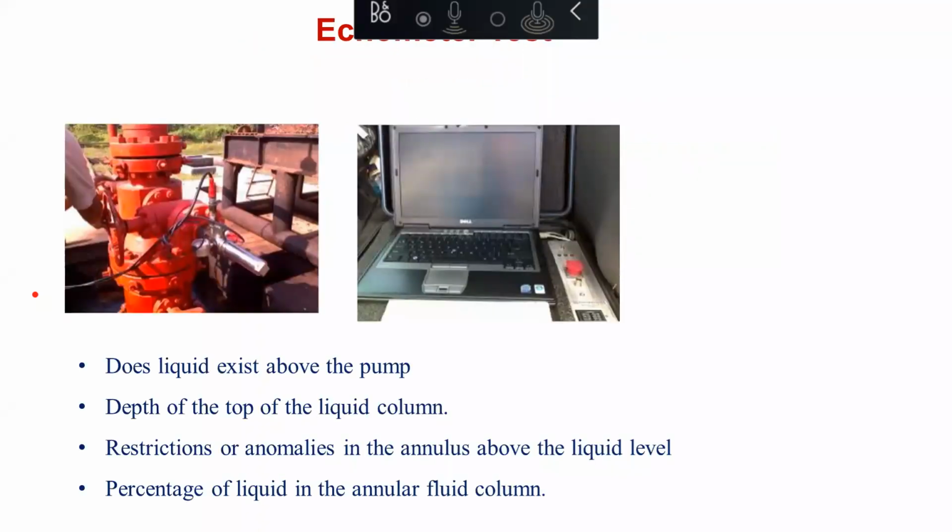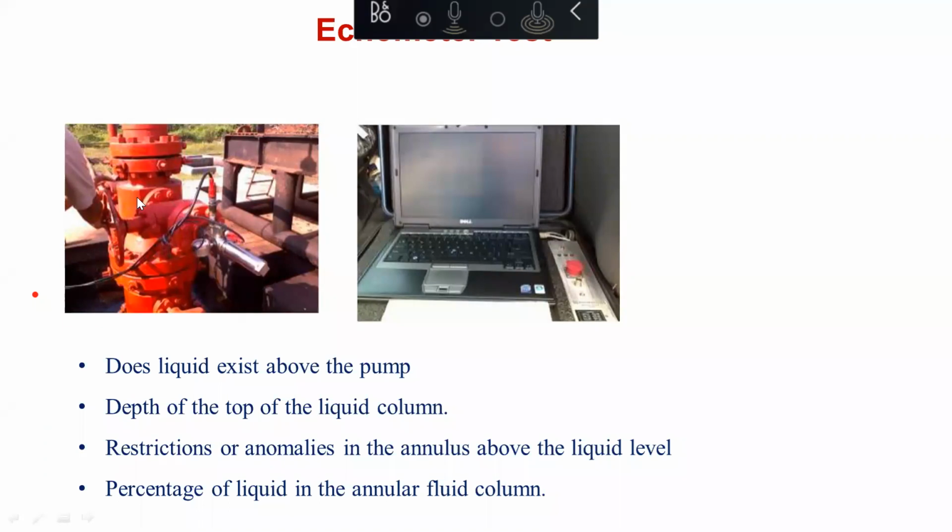For echometer, you have your acoustic gun. Basically, it will look like this. You will attach this acoustic gun onto the casing valve, the annular valve. You are going to close your tubing flow arm valve and your other valve on the left or right side of your annular valve.